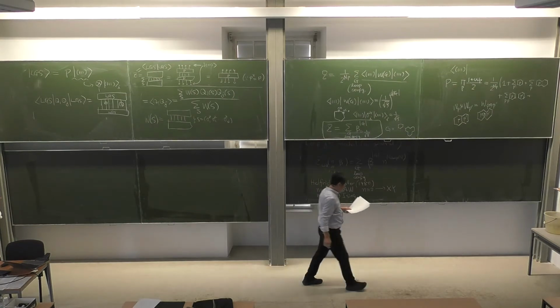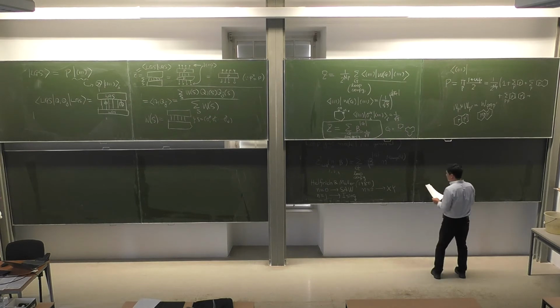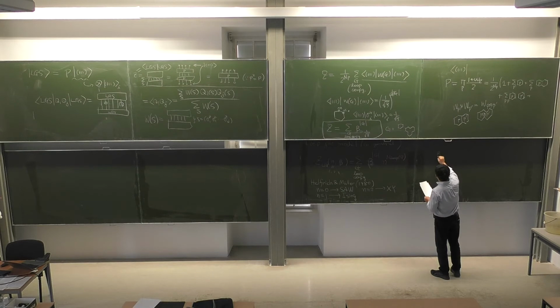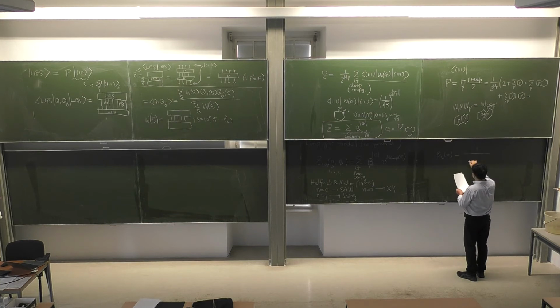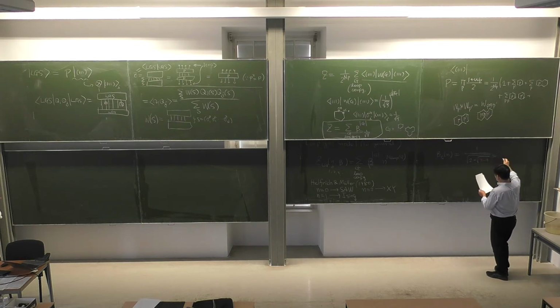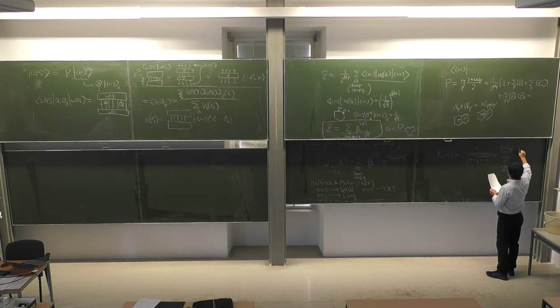And an important fact here is that also on the honeycomb lattice, the exact critical value of fugacity is known to be something like this: self-avoiding walk, Ising, and XY.